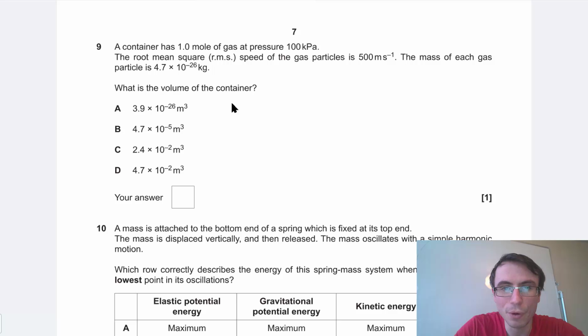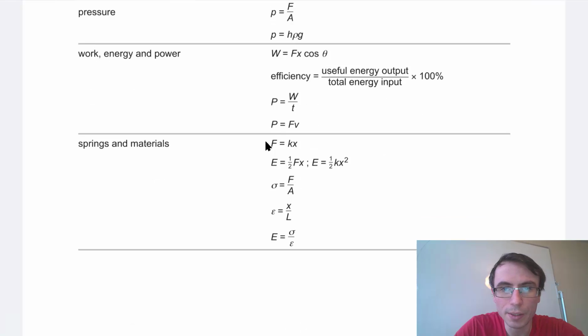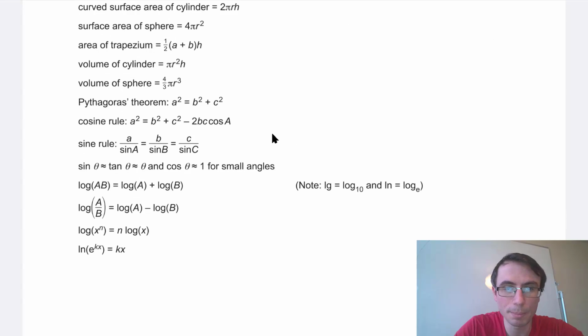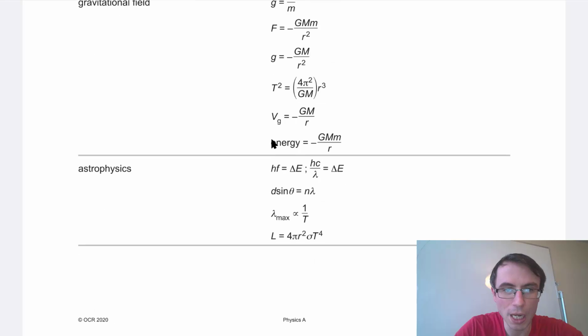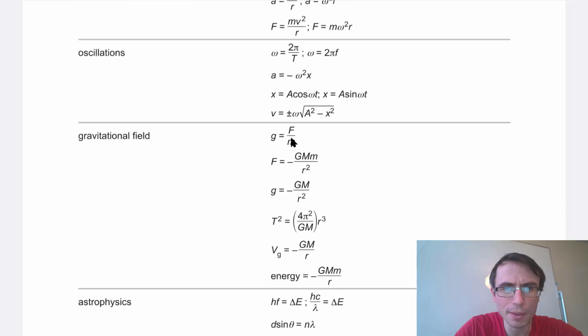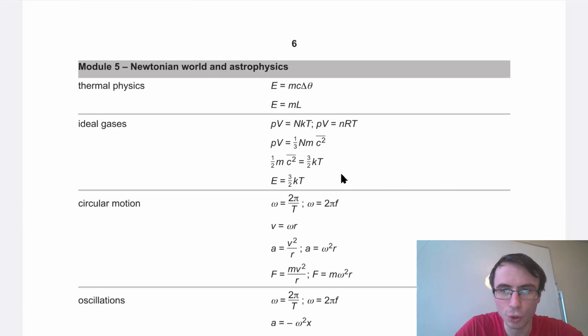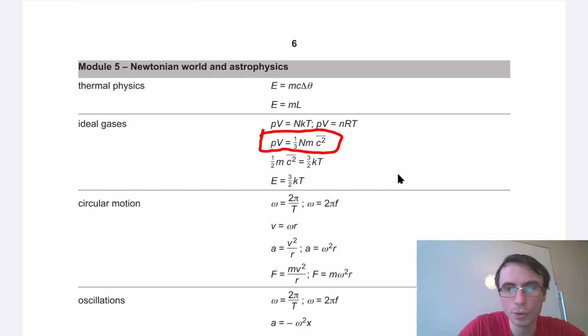What is the volume of the container? Now, we've got a formula for this in the formula booklet. So if we go on to module 5, and then thermal physics, which is just here, this is probably the formula that we are going to use in this case.